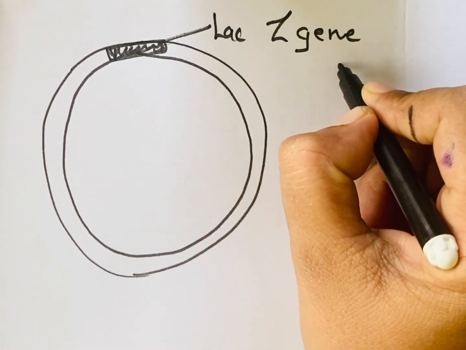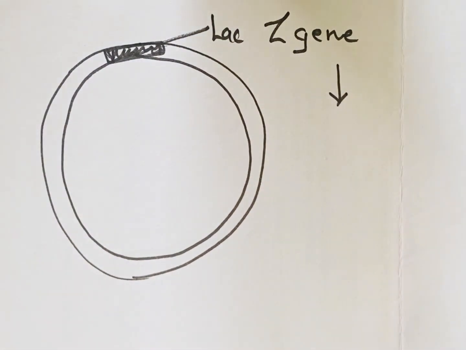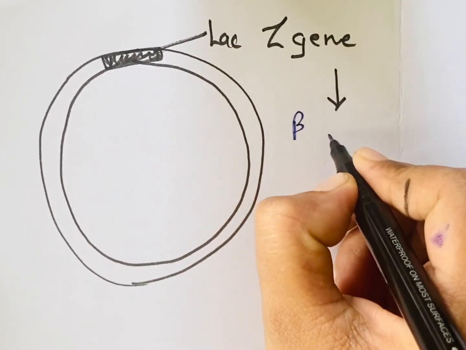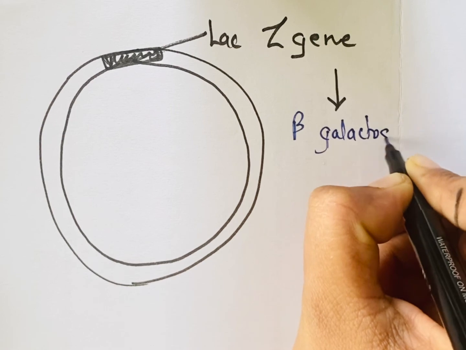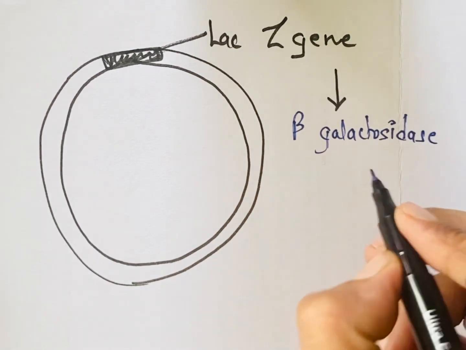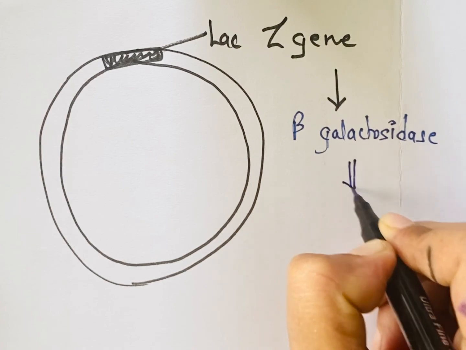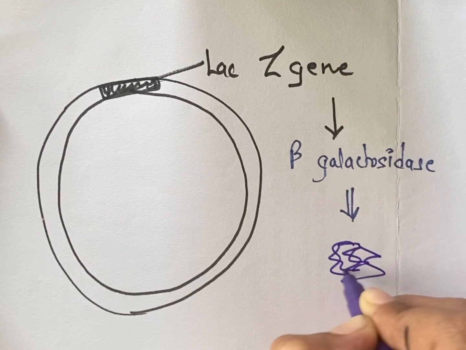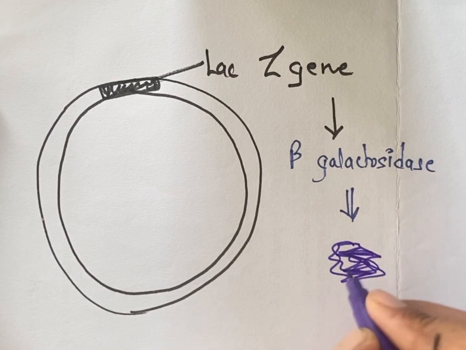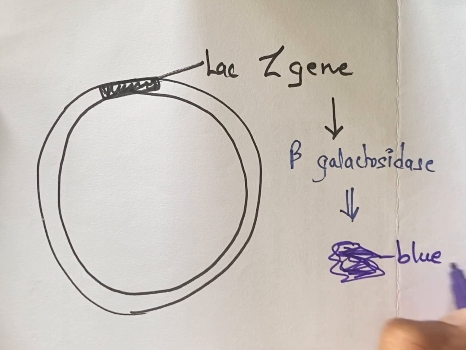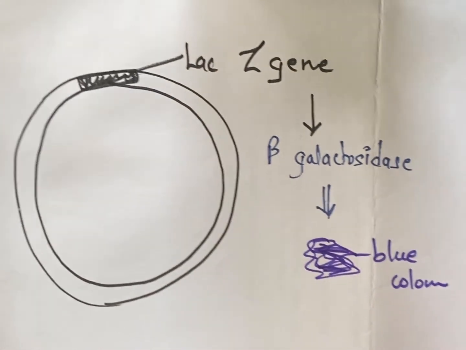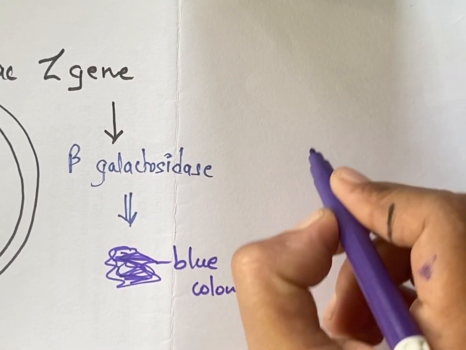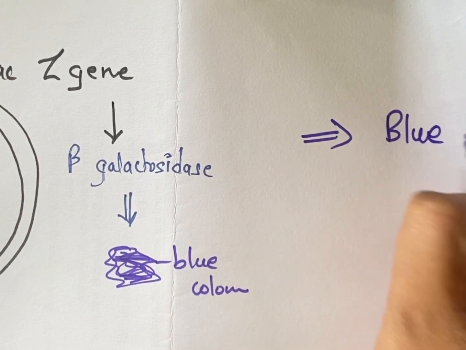Let us see that. lacZ gene produces an enzyme that is referred to as beta galactosidase. This beta galactosidase produces a colored product, and that is blue in color. That's why chromogenic. So blue colored product is produced. So imagine students, when this plasmid is inserted into the bacteria, bacteria will be producing blue colonies.